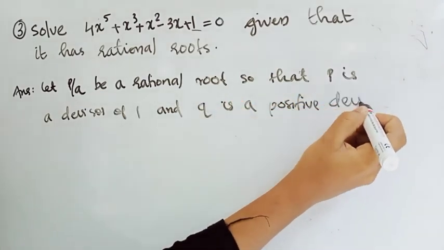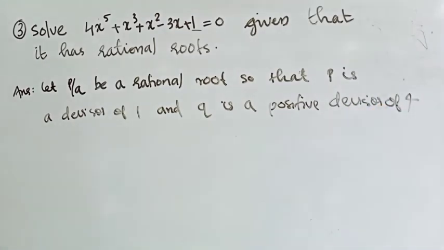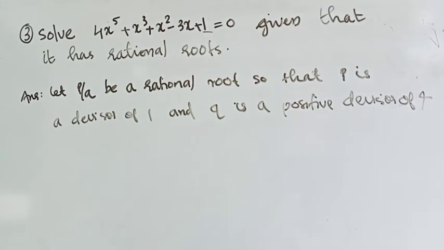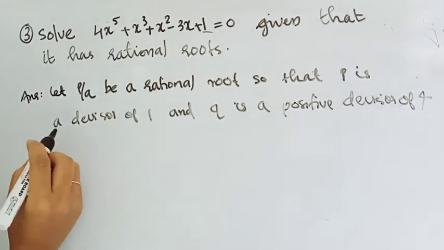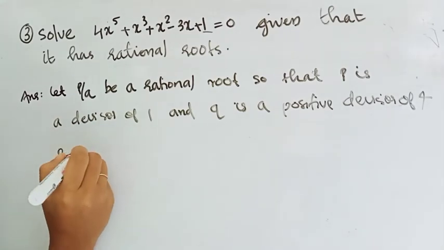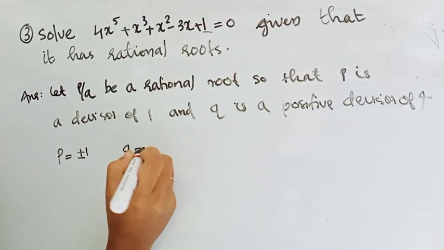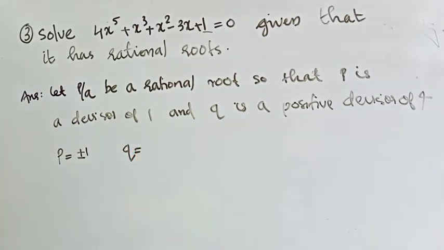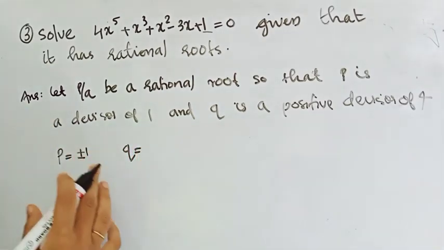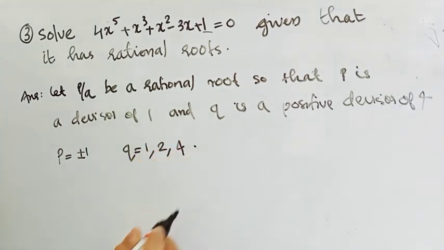So p is a divisor of 1, so p can be written as either plus 1 or minus 1, and if q is a divisor of 4, then q can be either 1, 2 or 4.